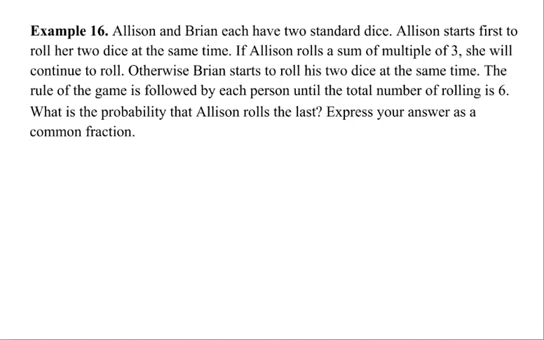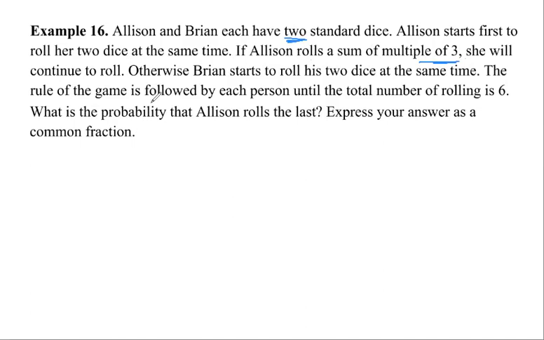Okay, so let me slowly digest the problem. It says 2 people have 2 standard dice. Let's highlight this. Allison started the first roll, and if Allison rolls a multiple of 3, she will continue rolling. And Brian starts to roll his 2 dice at the same time.